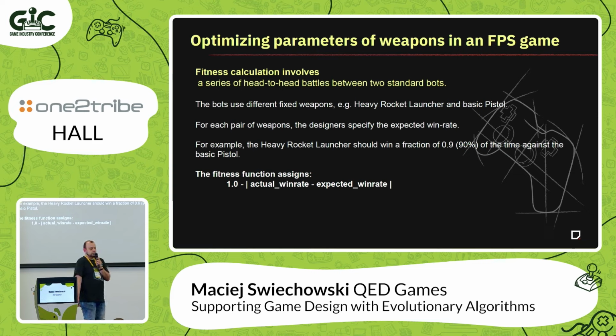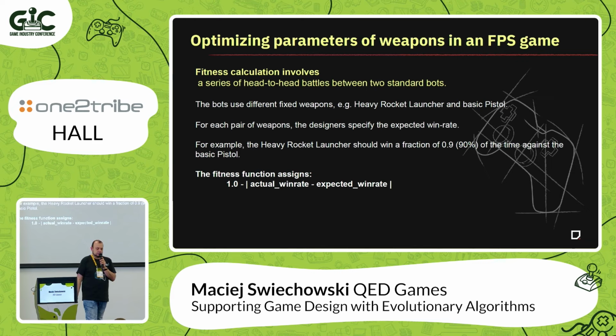For each pair of weapons, we can, by design, say what the expected win rate between those pairs of weapons should be. So this is our design constraint.